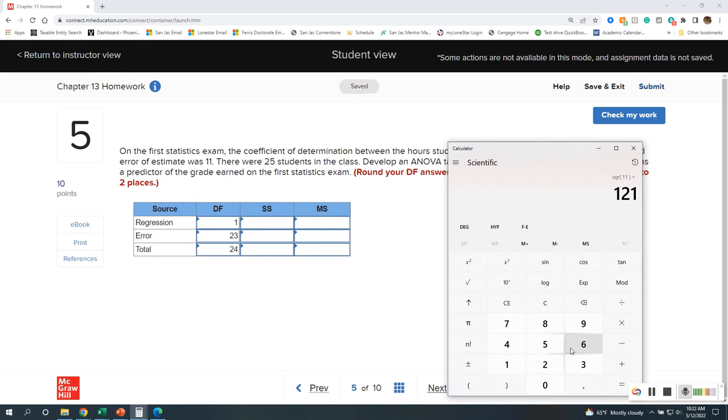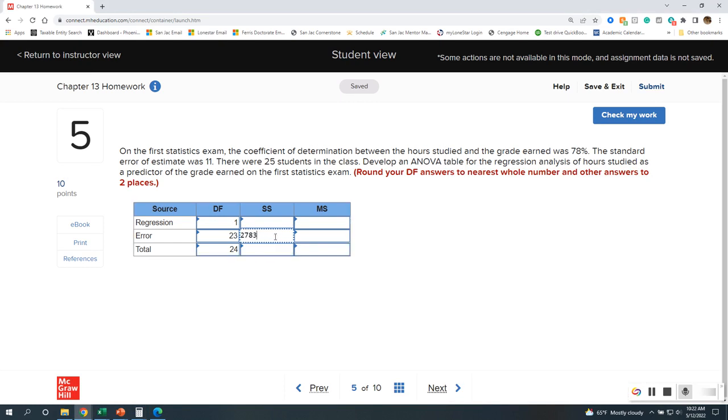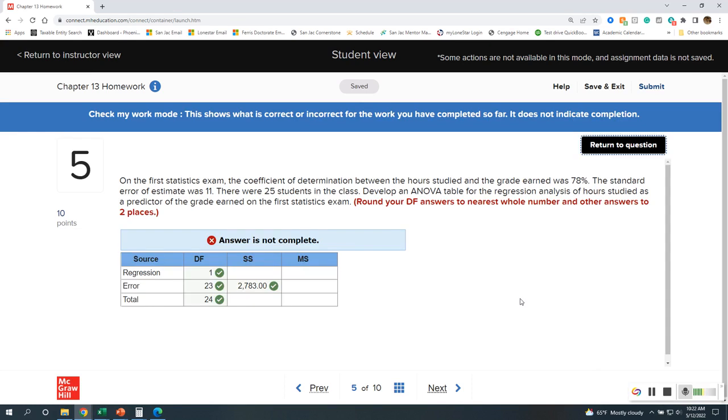We're going to divide that now. Well, we're not going to divide. We'll multiply it by 23. So we're looking at 2,783. See if I did my algebra right. And we did! Yay! So it's 2,783.